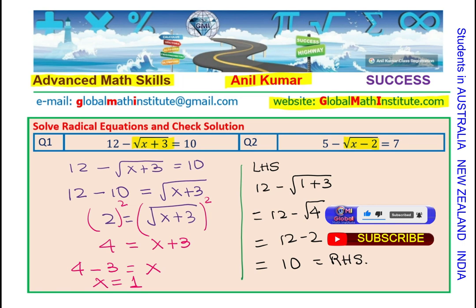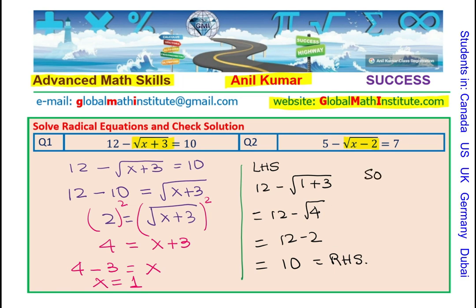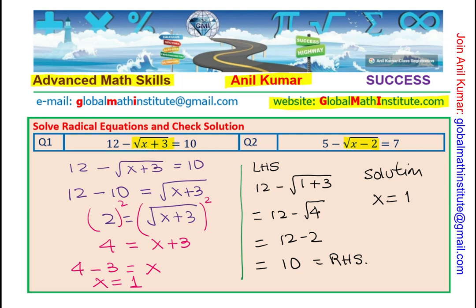So we see that this solution is correct, and therefore we have a solution here, right? And the solution clearly is x equals 1. You might think that it was unnecessary to check the solution, but we are learning the steps and strategies. It helps. I'd like you to now pause the video and answer the next question.